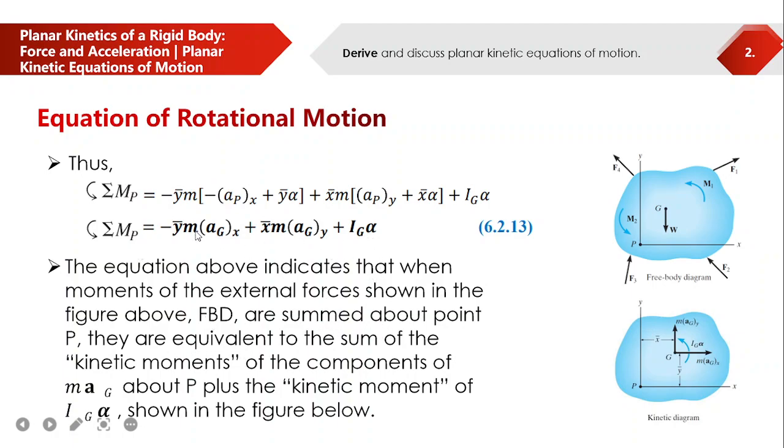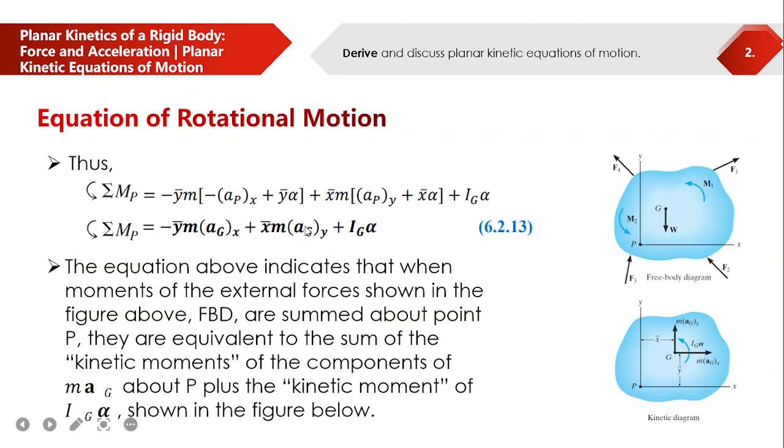So, to sum up all of this, this is your formula for solving the external moment, or the sum of all the moments acting on our body, in terms of the position of our center of mass. To solve for that, it is negative y bar m times a sub g sub x, plus x bar m times a sub g sub y, plus I sub g times the angular acceleration.